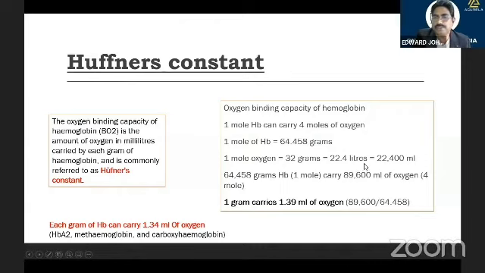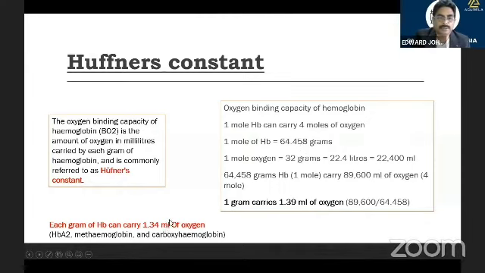Now 4 molecules are there, so 4 into 22,400 is 89,600 ml. So 64 grams carries 89,600 ml of oxygen. You calculate that 1 gram carries 1.3 ml of oxygen. It is a simple calculation; the numbers are only annoying.